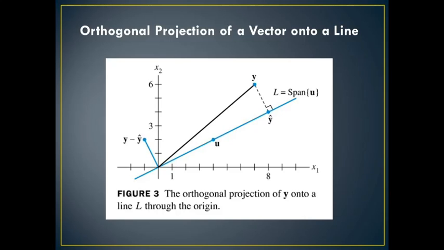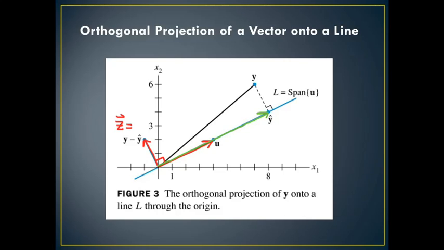Now since L is through the origin, we have this vector u, and we can think of L as the span of u. And then we also have this portion which we call z, which is y minus y hat, that is actually orthogonal to L, so it creates a 90-degree angle.